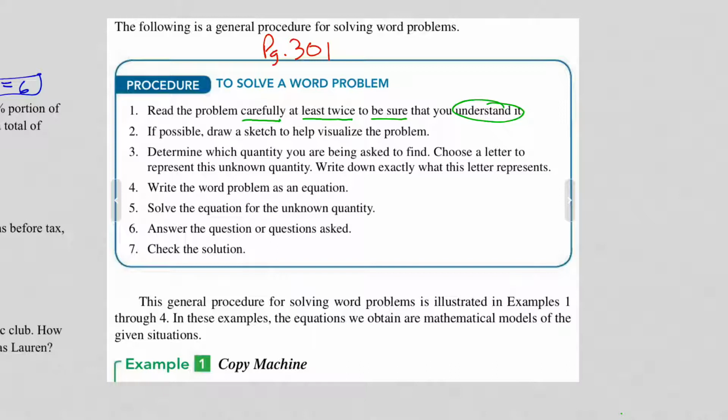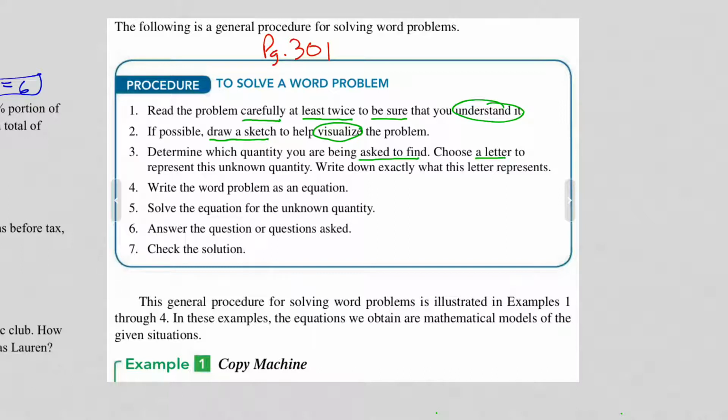Now, if possible, draw a sketch because you want to visualize. So understand, visualize, and then once you understand and visualize, you want to know what it is that I'm actually finding. What are you being asked to find?